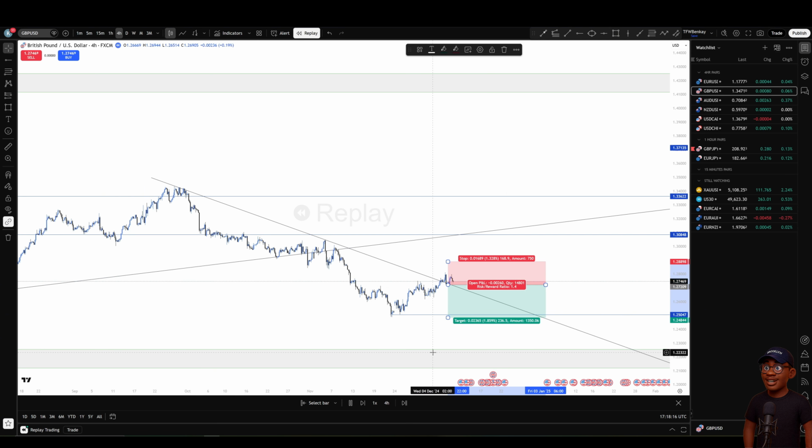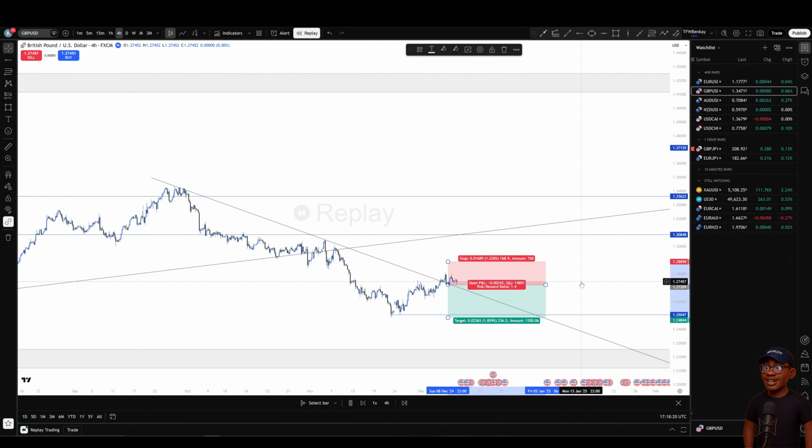All right, so we go into a slight drawdown for a little bit. Let's see what actually happens. Okay, we're coming down. Okay, so we are in profit now. At this moment, we should be very, very joyful.